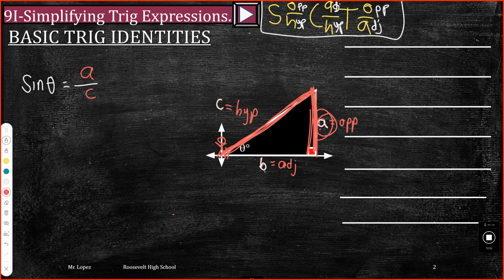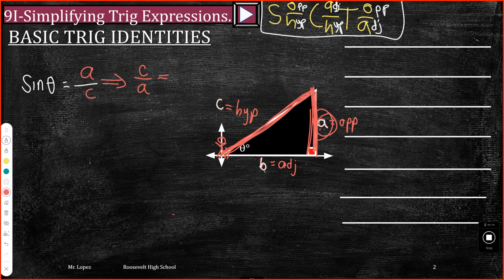What I'm going to do later is the reciprocal of A over C, which is C over A. That one is going to be called something. I do remember teaching this in lesson 9B. Go to your notebook, go to your notes, go to 9B. If you take really good notes, you write down on top lesson 9B.